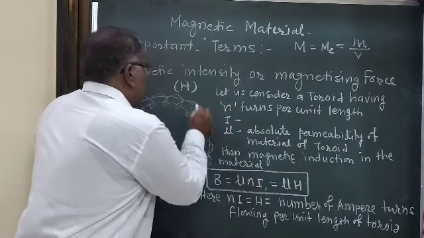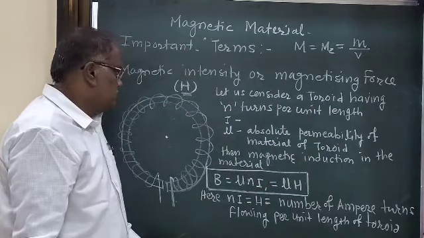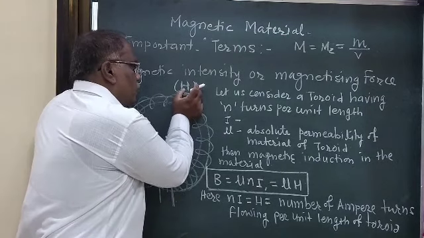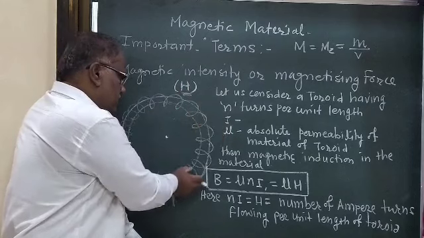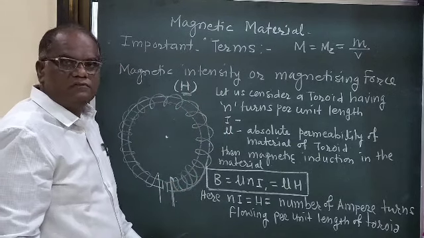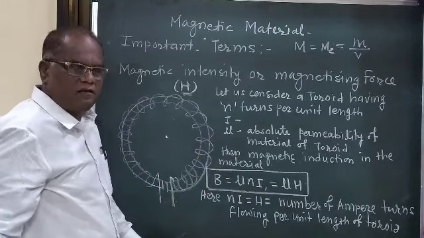Now let us see H. H means magnetizing force. To understand magnetizing force, let us consider a toroid. We know that a toroid means a solenoid bent in the form of a circle.